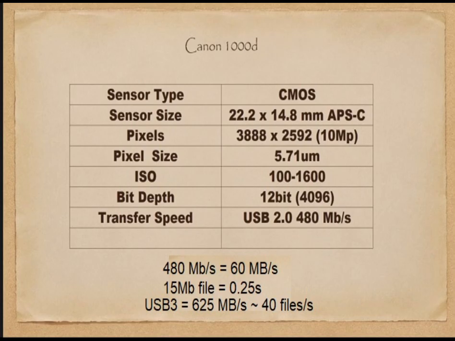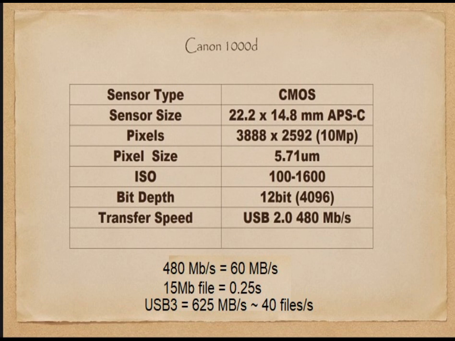The speed that I can export images out of the camera into the computer is governed by the USB standard. So with this camera it's USB 2, which is equivalent to 480 megabits per second. 480 megabits is about 60 megabytes per second, so a 15 megabyte file would take about a quarter of a second.